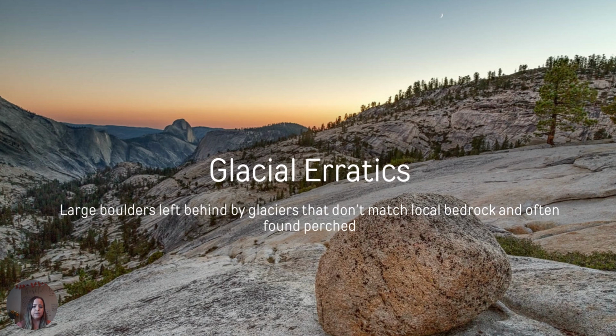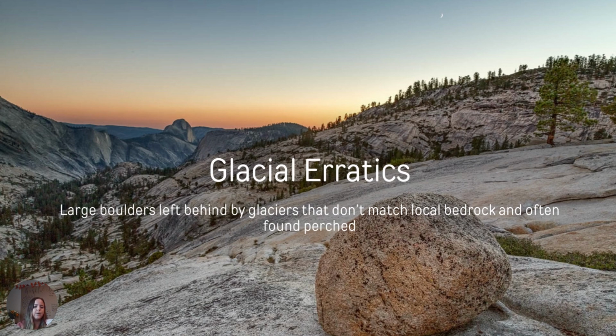Sometimes the glacier will leave behind very random rocks. We call these glacial erratics, which are large boulders that are left behind that don't match the local bedrock, and they're oftentimes found perched. The example here is at Olmsted Point. That starts with an O, Olmsted. And this is the back side of Half Dome that you can see there, off to the left.